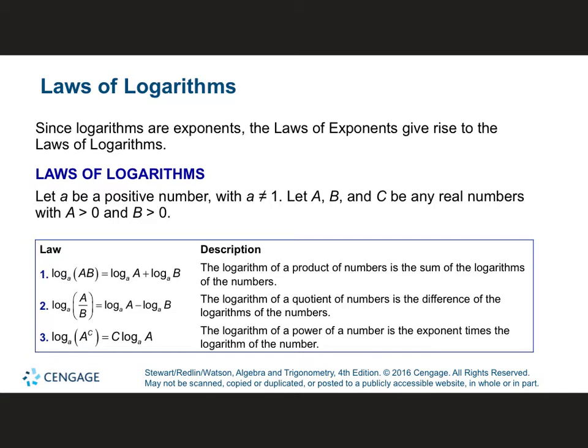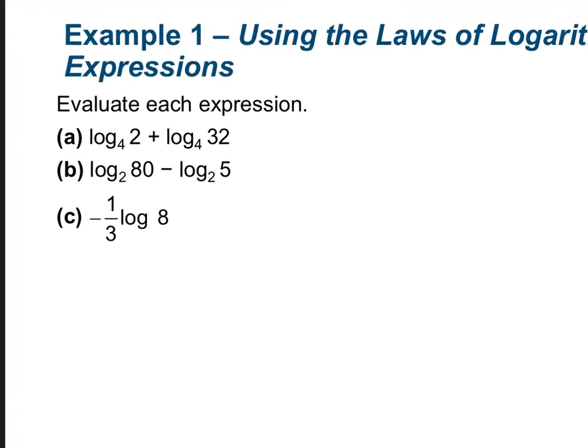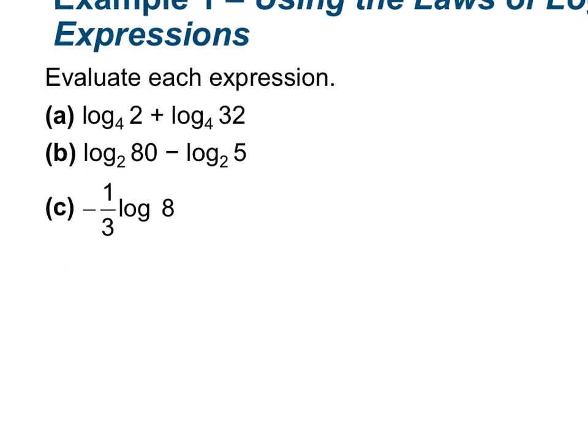This entire lesson focuses on expanding and condensing these logs. If we look at the first example, we are just evaluating each expression. So for A, we have log 4 of 2 plus log 4 of 32.